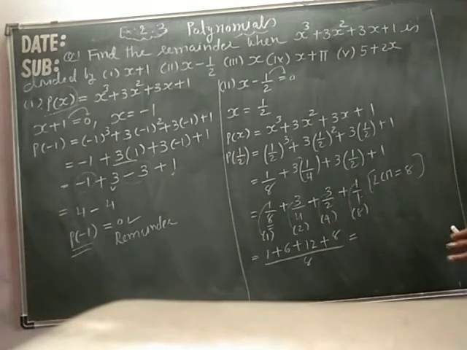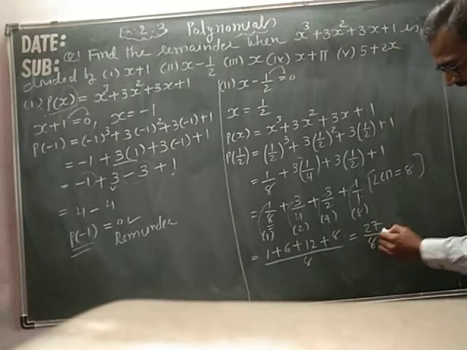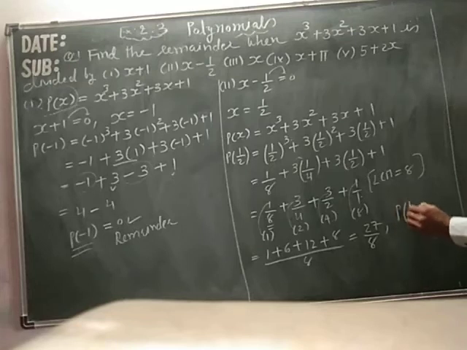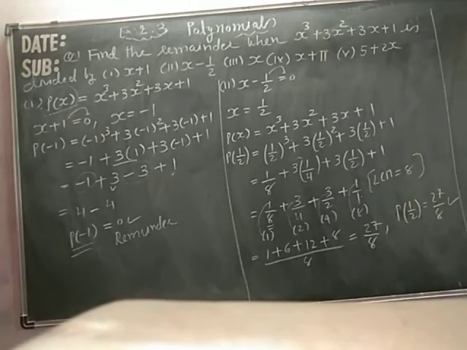If I add all these numbers, I will have 27 by 8. So p of 1 by 2 is 27 by 8, which is our remainder. Okay, easiest one. Go through it.